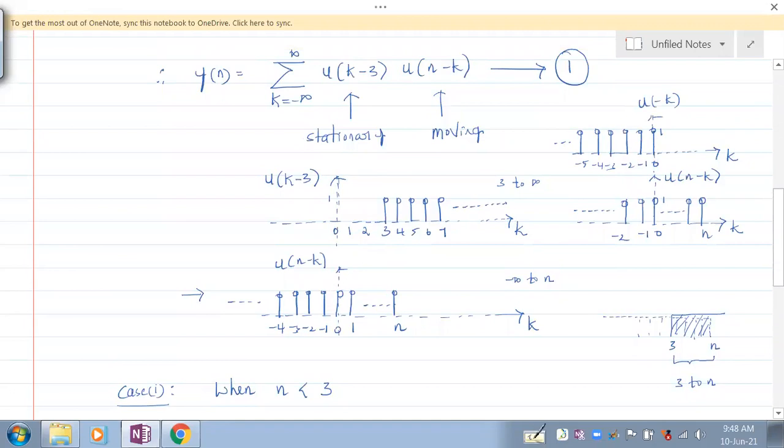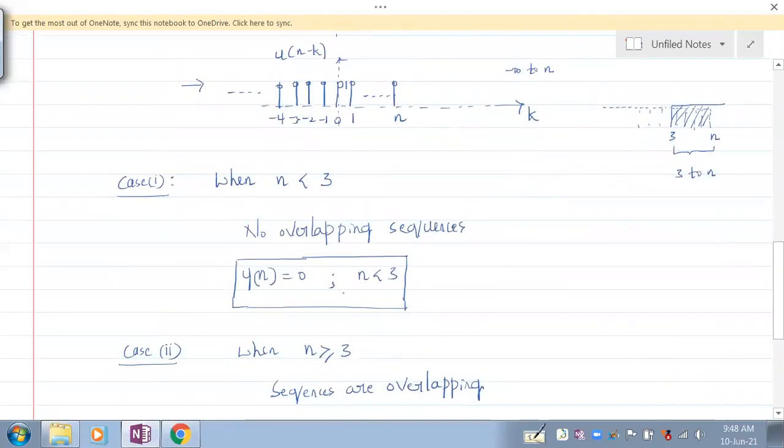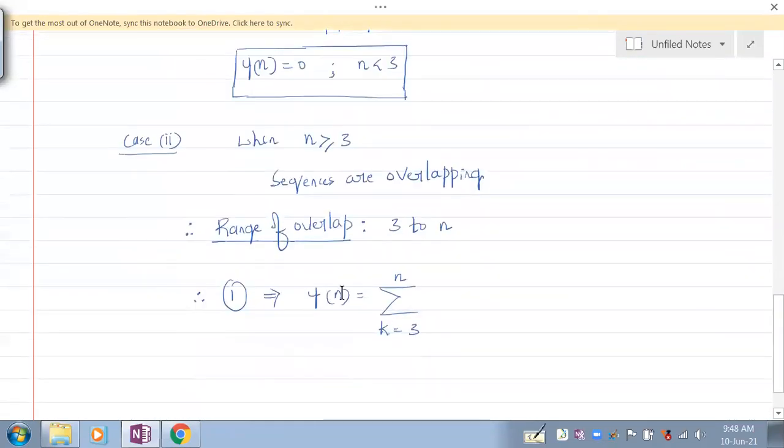They're all ones throughout because they are unit step functions. Therefore, it is as good as writing the summation with k ranging from 3 to n of 1.